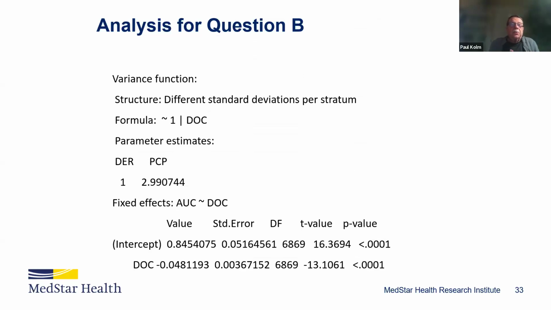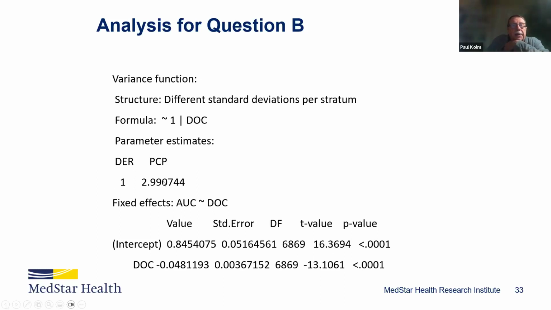And then for question B, we can use just standard software for having different standard deviations per stratum for each physician type. And so when we do this, just using a linear model here, we get the estimates for the PCP using the dermatologist as the reference value.